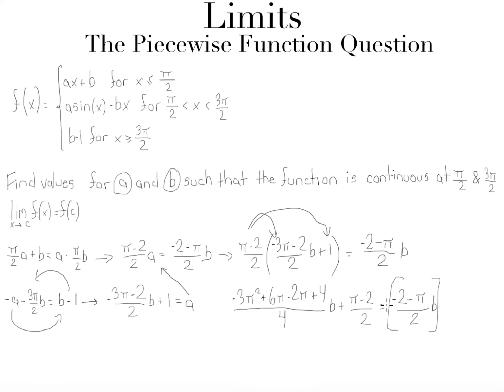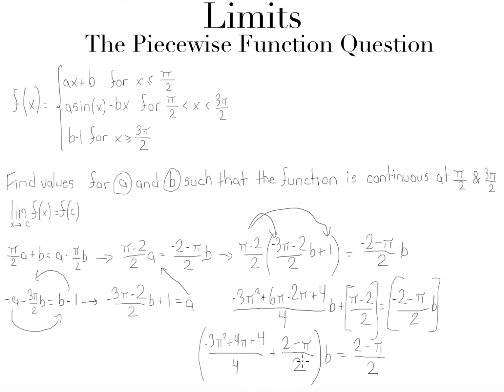And just factoring out b, when we bring this term to the left side and the term pi minus 2 over 2 to the other side, we have minus 3 pi squared plus 4 pi plus 4 over 4 plus 2 minus pi over 2 times b equals 2 minus pi over 2.